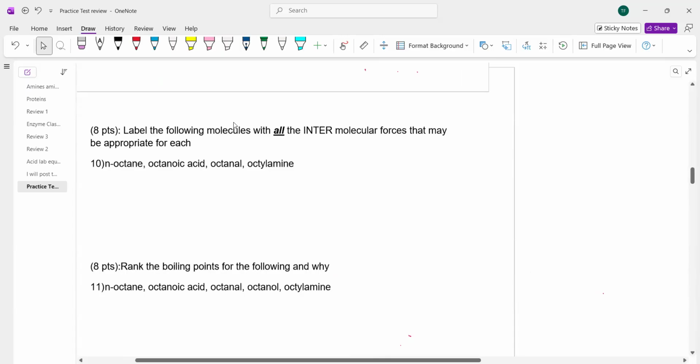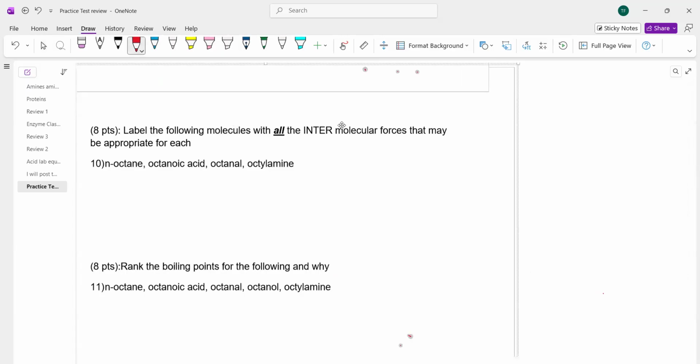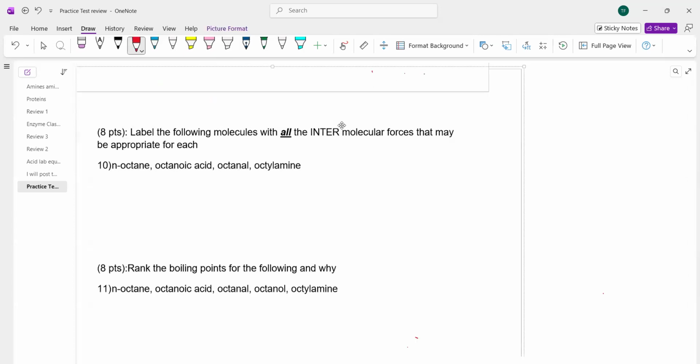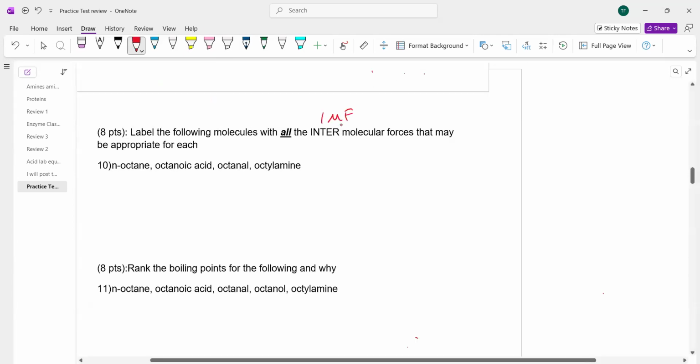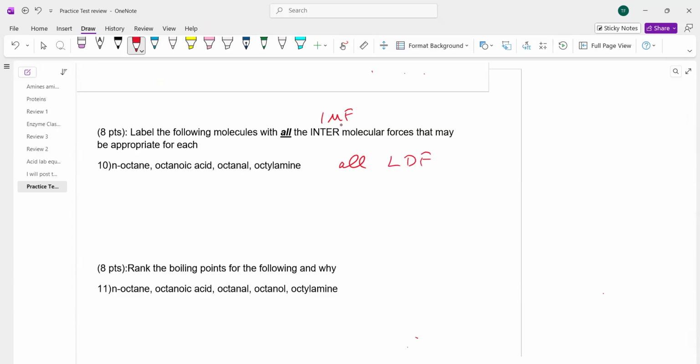Okay. Intermolecular forces, IMFs. So they all have London dispersion forces. This one has just LDF only, nothing else.